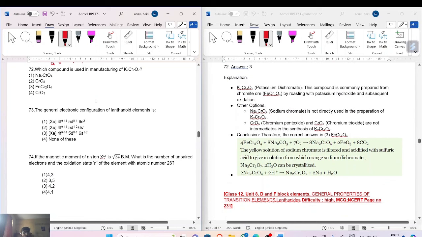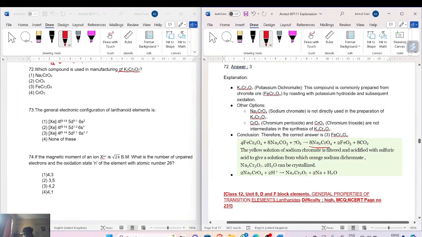Which compound is used in the manufacturing of K2Cr2O7? Here is the equation for preparation of K2Cr2O7. First of all, we will start with FeCr2O4. Then it will become Na2CrO4.